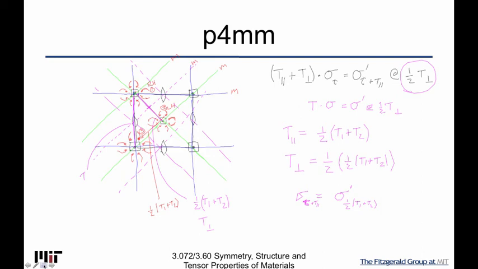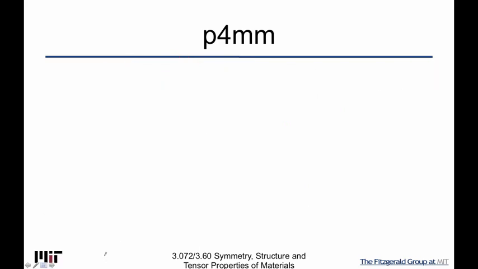So in general, just to clear this up a little bit, if you recall, we had that fourfold axis, and we had one mirror plane passing through there and one through there.